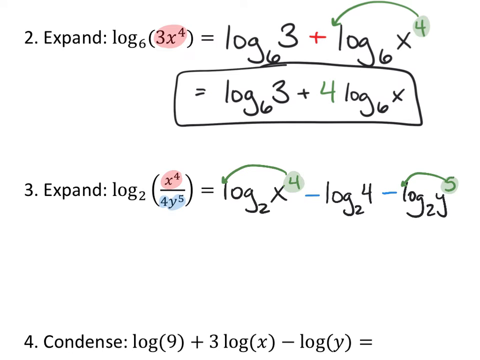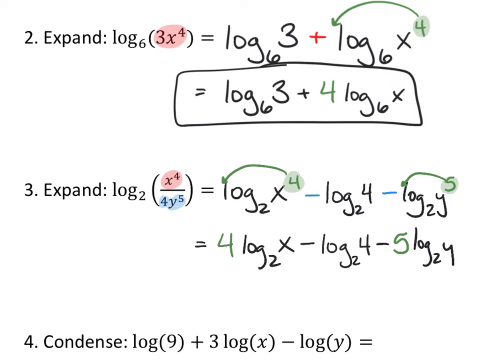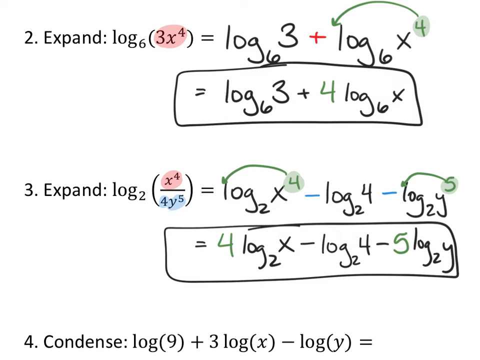That means this would be 4 log base 2 of x minus log base 2 of 4. No change to that one because it didn't change. Minus 5 log base 2 of y. Yes?